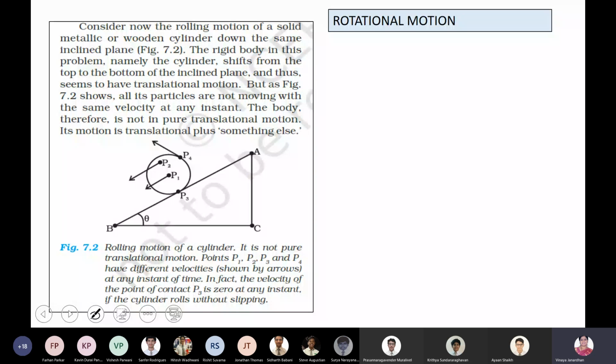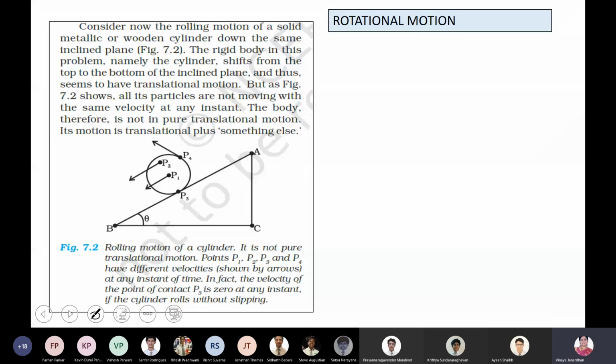But look, when it is rolling down an inclined plane, for rotational motion, each and every particle will have a different velocity, right? Look at the particle T3.